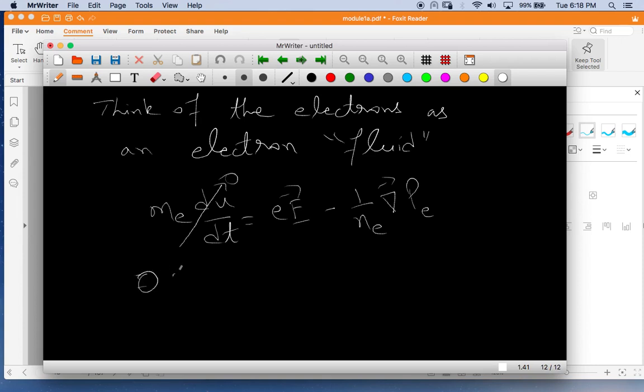So 0 is approximately equal to, and this n_e gets multiplied everywhere: n_e e E, where phi is the electrostatic potential, where we've written E equals minus grad phi, and there's a minus here and a minus there, they cancel. And since this n_e has been multiplied, we can write the pressure P equals n_e k T_e.